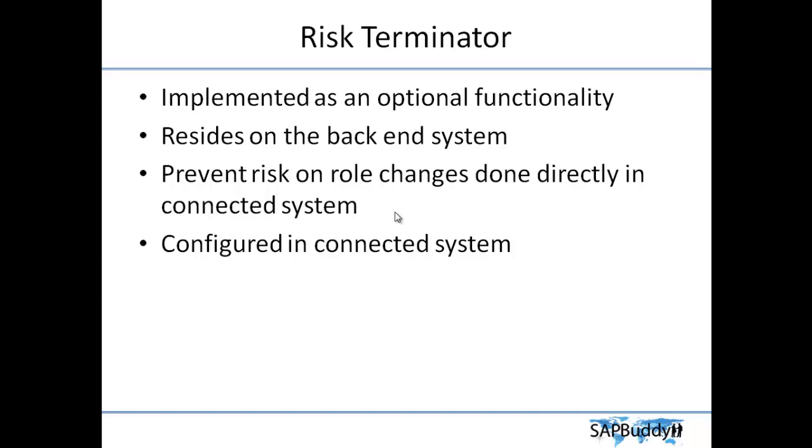But let's assume you are going to do the role development in the backend system, or you made some changes in the backend system, and then you have no control over whether these changes are going to have any SOD conflicts or not. If you want to prevent that, then you can use a risk terminator, which stays in the backend system and will check your risk during role development and role changes in the backend system directly.